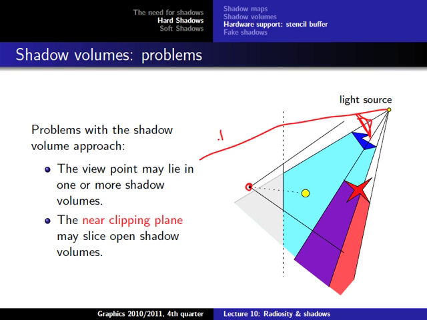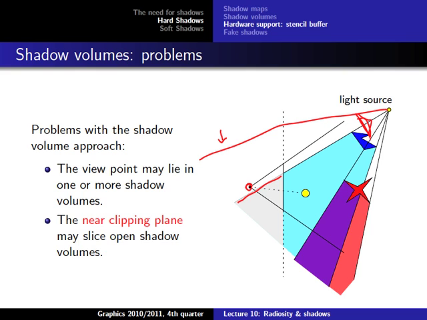So that face is not counted, so we get a wrong result here. And the other problem is, of course, if we do a clipping and the clipping cuts off this part here that is in the direction from the camera towards the object, then also we're not covering this part here.